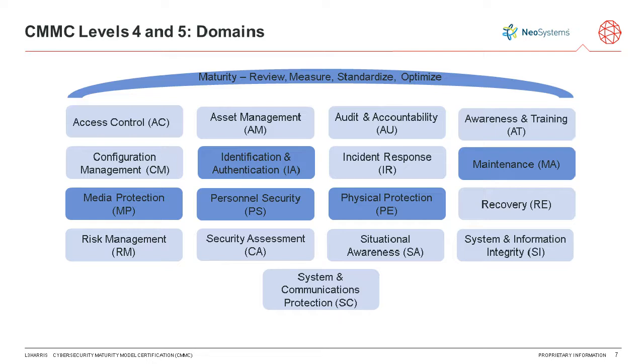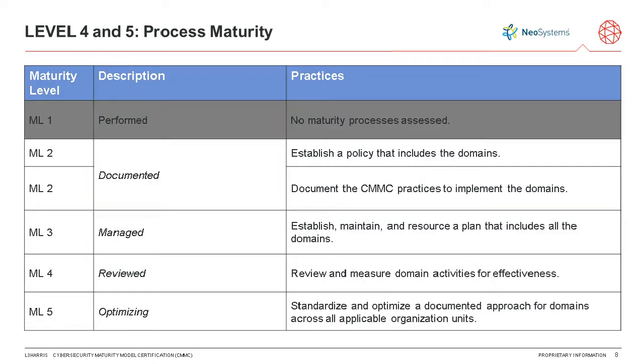But keep in mind that essentially all of these domains are in play now at levels 4 and 5. So when we talk about levels 1, 2, and 3, everything that we've discussed previously is also applicable there. So I think I've beaten that one to death, and everybody should get it at this point that there's a lot to cover, right?